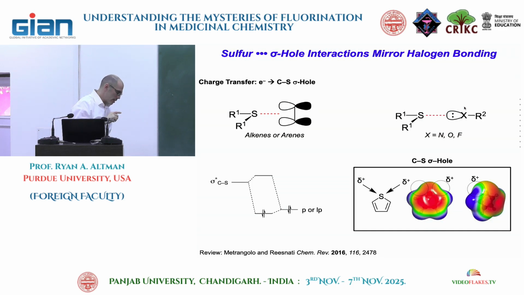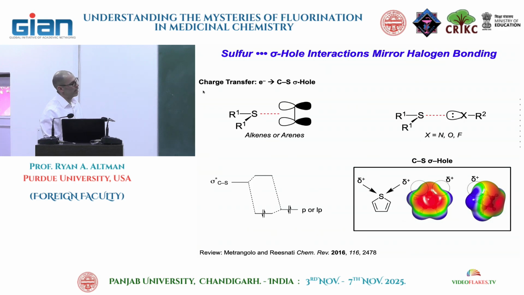Okay. Now, fluorine can participate in a related interaction in related charge transfer complexes, by which you can present electrons from either a pi system or a nucleophilic lone pair of electrons into a sigma hole on a carbon-sulfur bond.